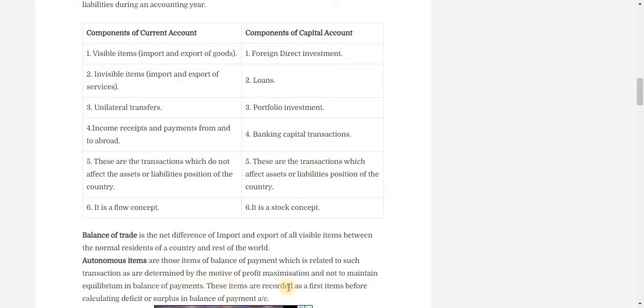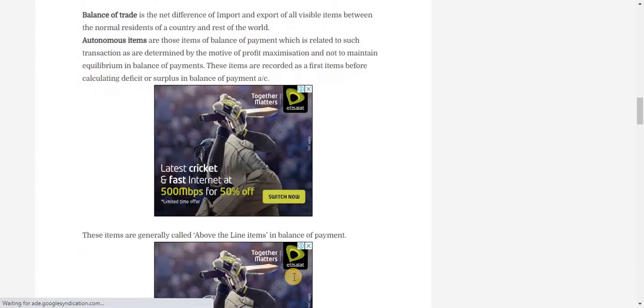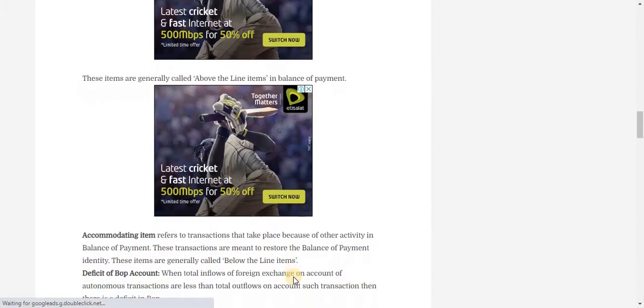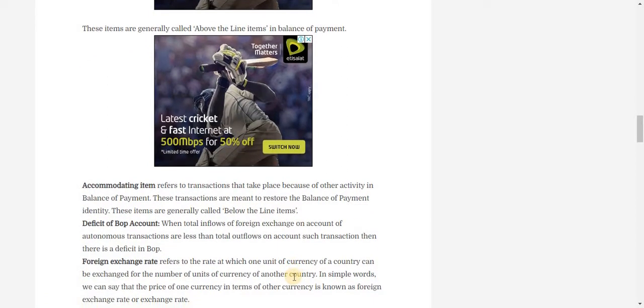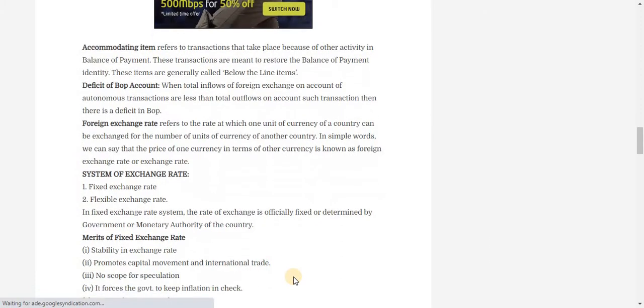These items are recorded first before calculating deficit or surplus in the balance of payment account. These items are generally called above the line items.